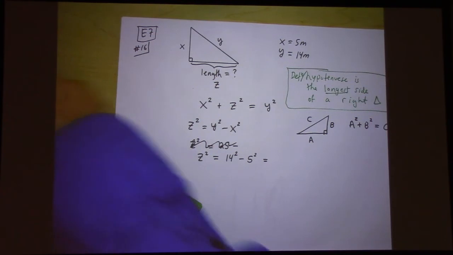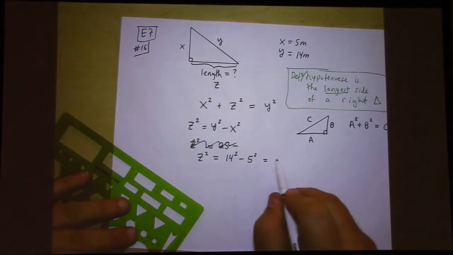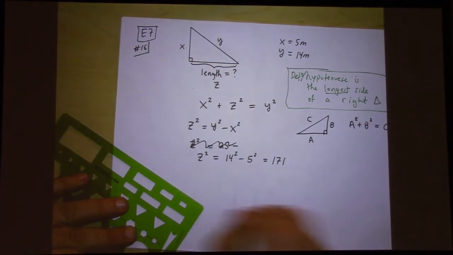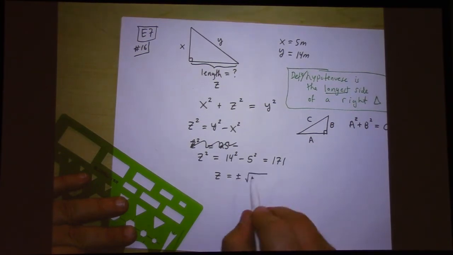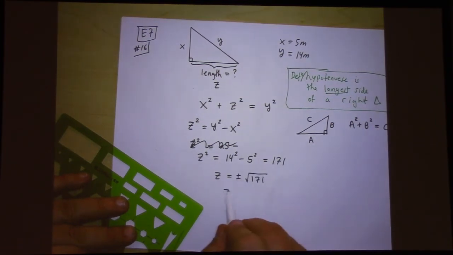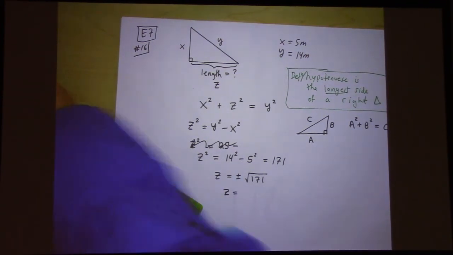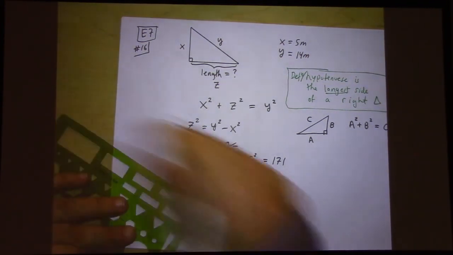I get 171. So what's that make Z equal to? Right, so we got plus or minus the square root of 171, but because of the context, we just use the positive square root, right? Because can a length be negative?